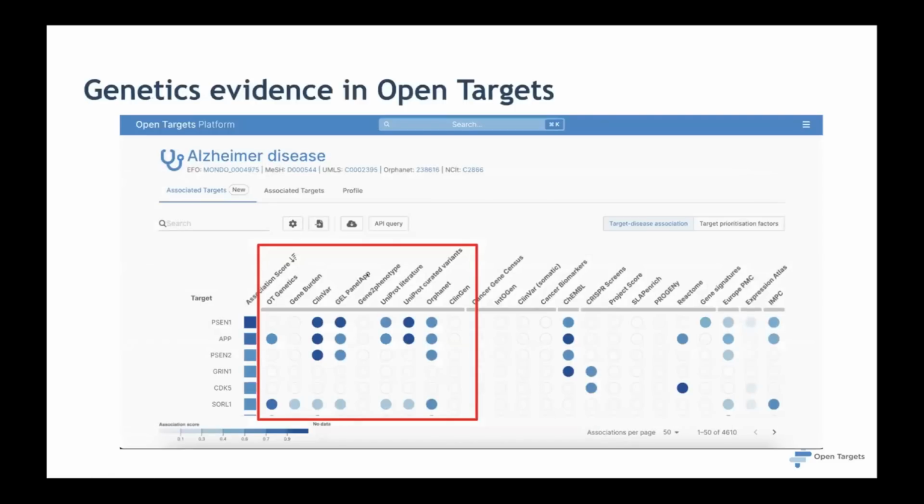Again, returning to the general visualization, these prioritization scores are aggregated on the level of the disease, and they are visualized as one score in the association page in Open Targets.